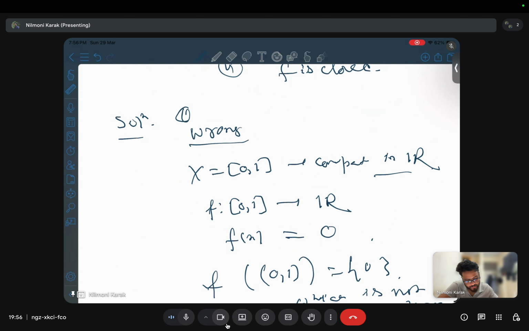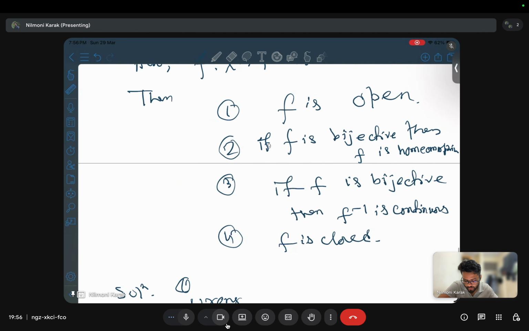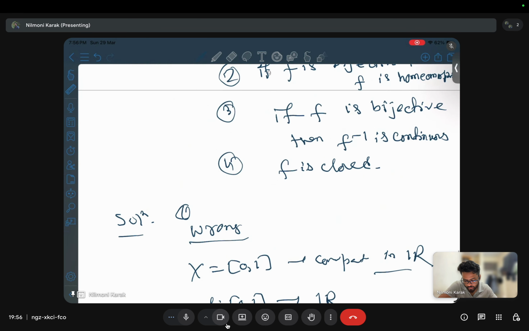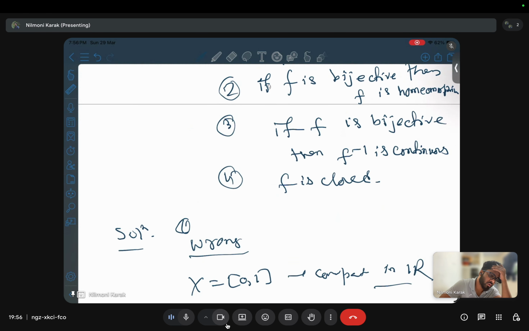So what about the second? If f is bijective, then f is a homeomorphism. Any bijective continuous map, if it is open or closed, is immediately a homeomorphism. And if f inverse is continuous, then also it is a homeomorphism.